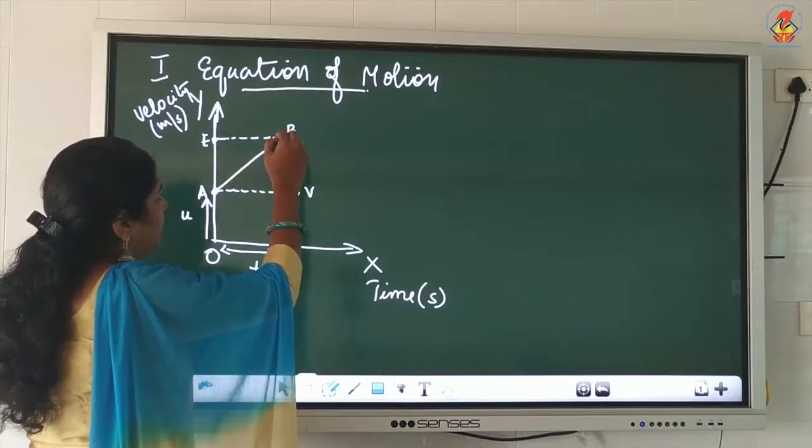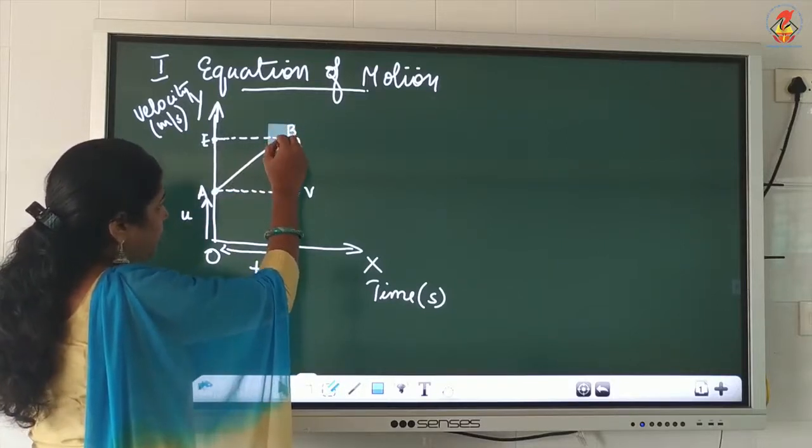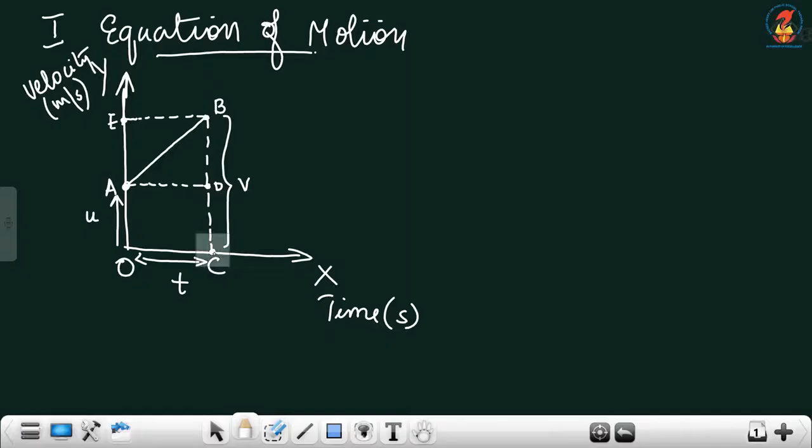Now I joined point B towards the x axis with a dotted line, and that line meets the x axis at point C. So OC represents the time. OA represents the initial velocity. It is represented by the letter U.